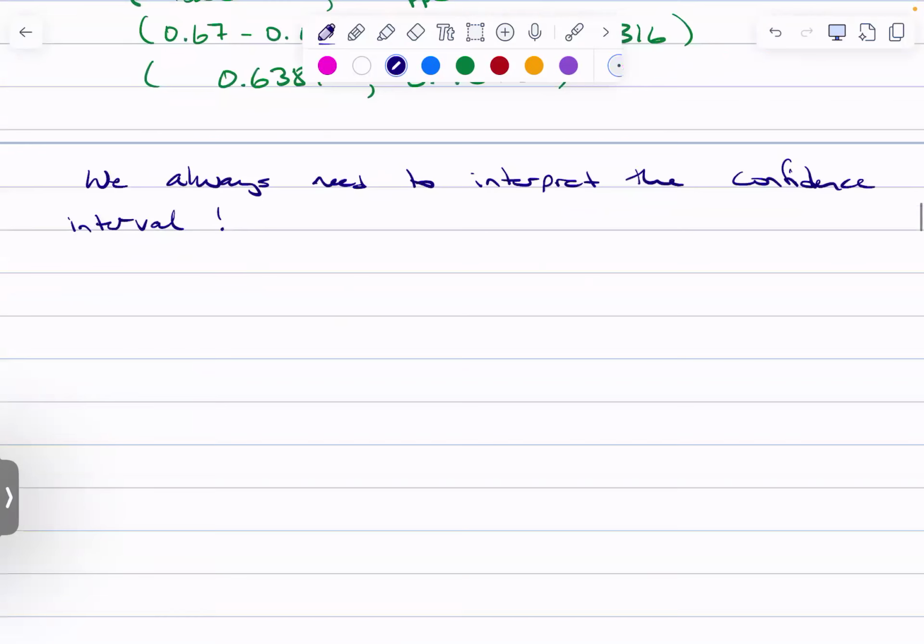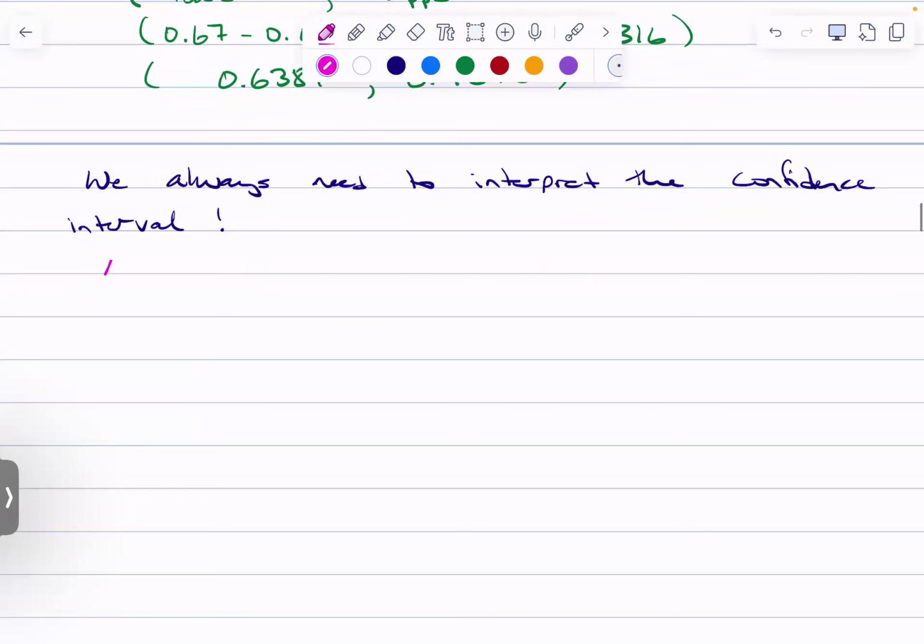All CIs, confidential informants, no, confidence intervals, are interpreted the same way. Is it two T's? Whatever.